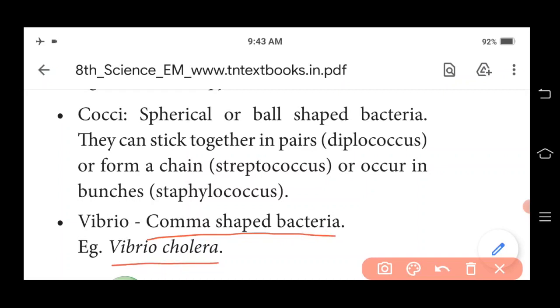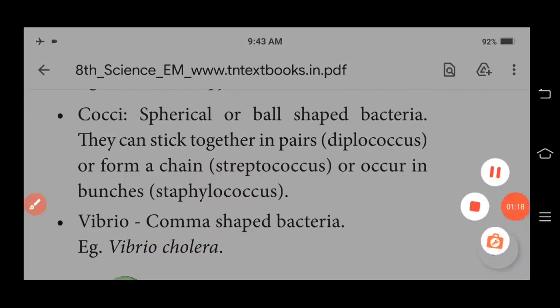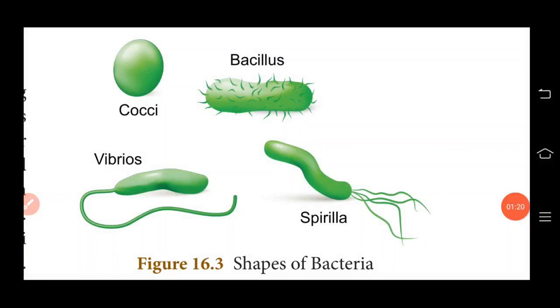Example, Vibrio cholerae. Students, here they have given some examples for bacteria based on their shapes: bacilli, spirilla, cocci, vibrio.